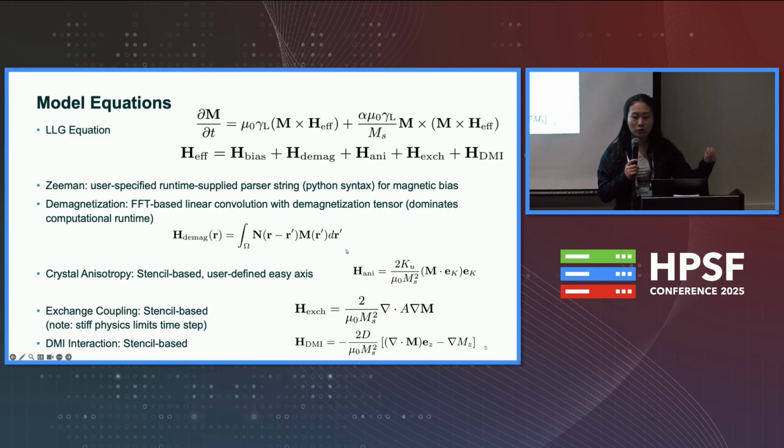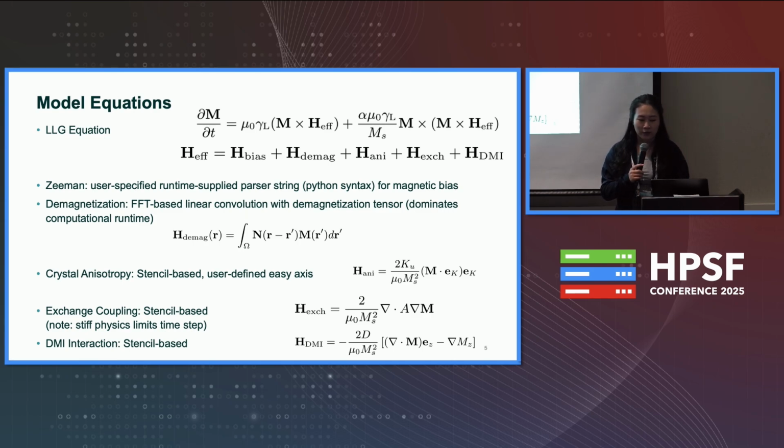And if we use the regular method to solve the Poisson equation, it's going to be very, very complicated and time-consuming. So for now, we just use the FFT-based linear convolution method, and this is how everyone else does it in the micromagnetic community.